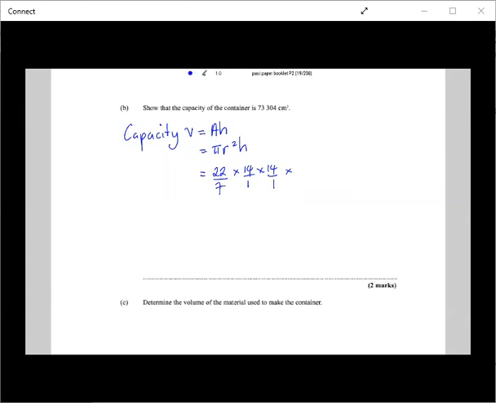No, that's not cross multiplying, that's canceling. What I want to know is what is the height? The radius that I'm using when calculating the capacity is 14. Who can tell me what is the height of the container?